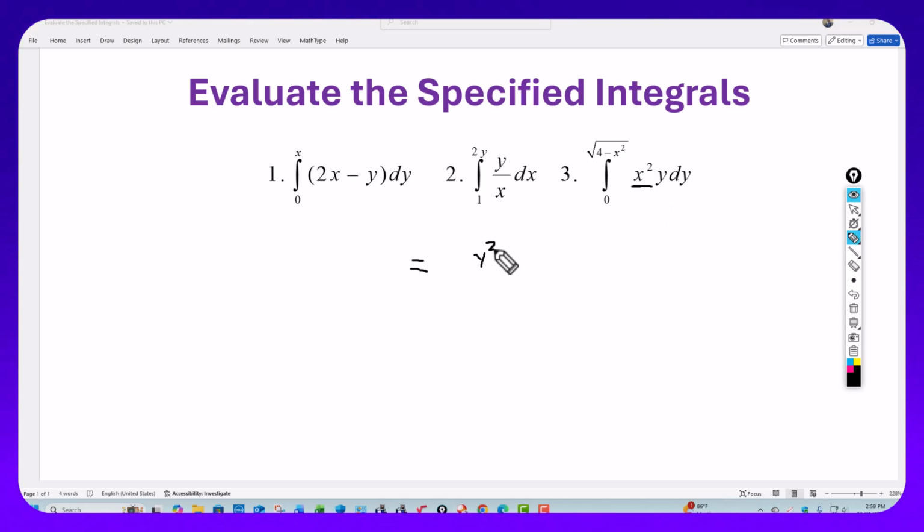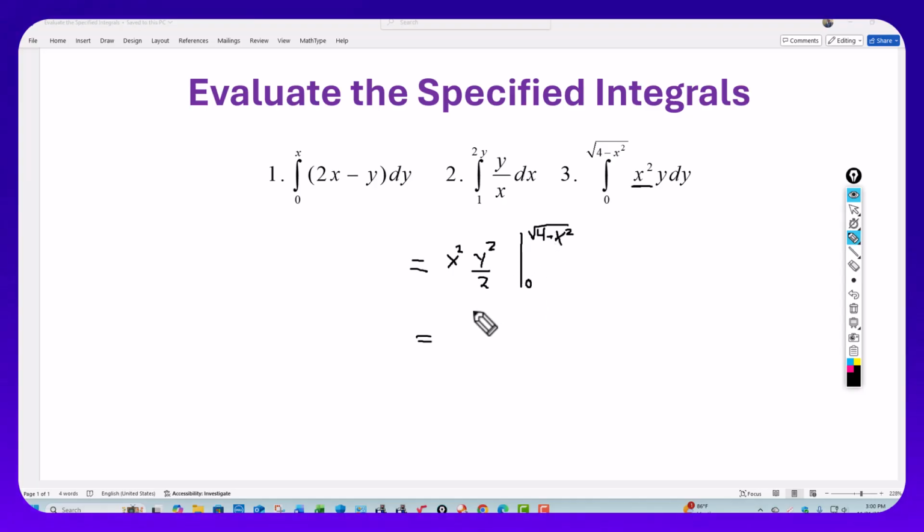This will give me a 2, and then divide by 2. And then the x squared is constant and comes along for the ride.